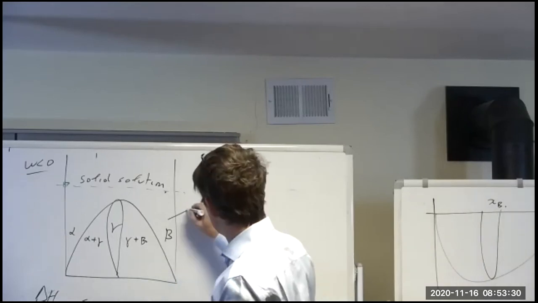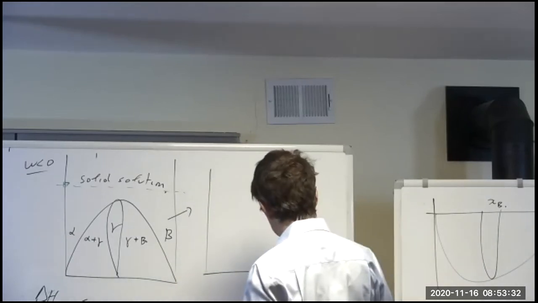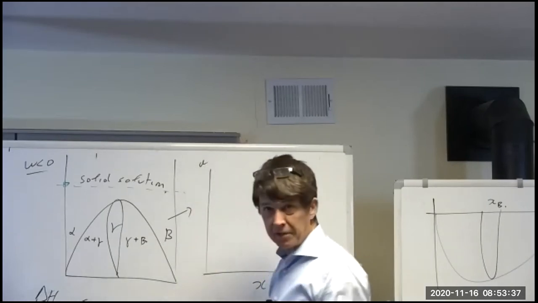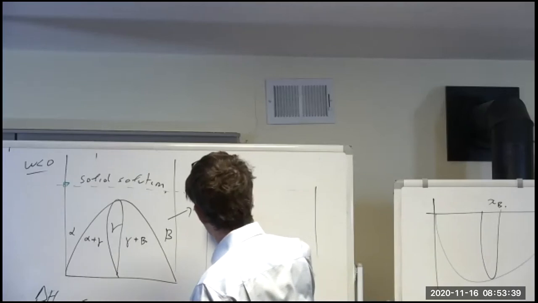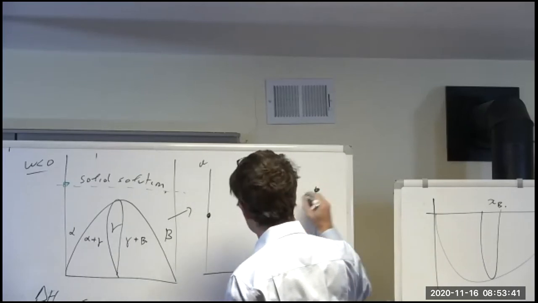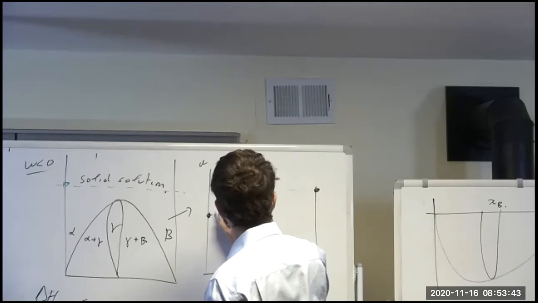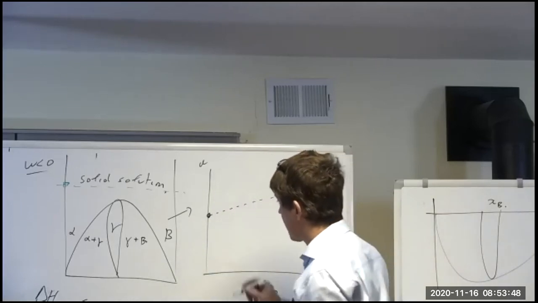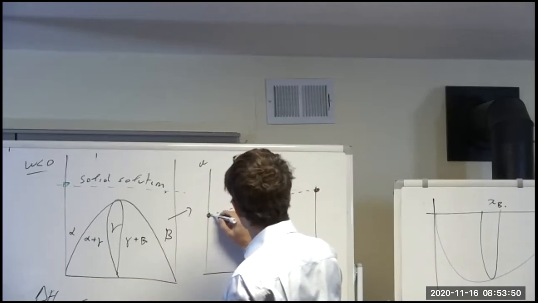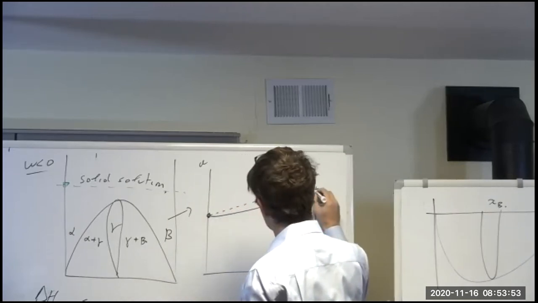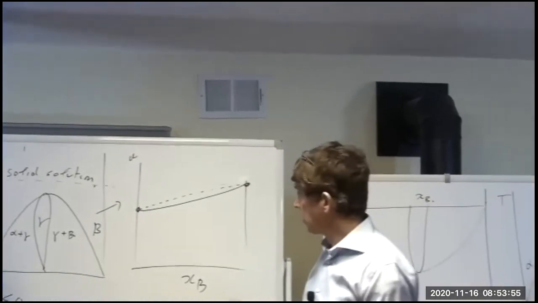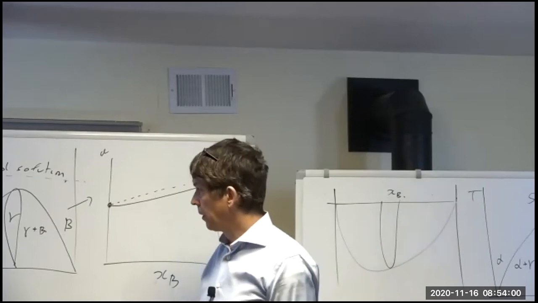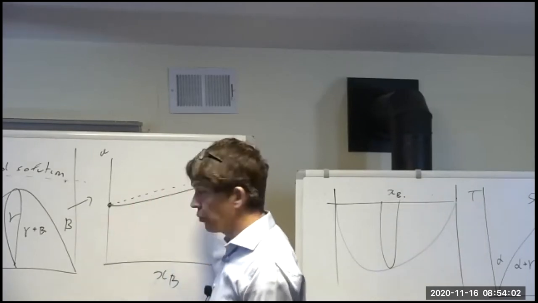So in a system like this, if you plot the lattice parameter as a function of xB, where A stands for lattice parameter, let's say it has a value in A and it has a value in B. Vegard's law, which is linear interpolation, would be this. In reality, you will often have slight bowing down, because essentially the system wants to be together. It wants to be mixed. In the other case, in the omega positive case, you would have positive bowing.